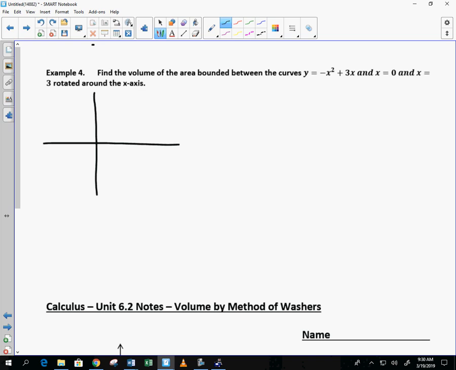We factor out a negative x, we get positive x, and we get a minus 3, right? So it goes through 0 and 3 on the x-axis. Everybody agreed? And it's upside down. Bounded by 0 and 3 and rotated around the x-axis.